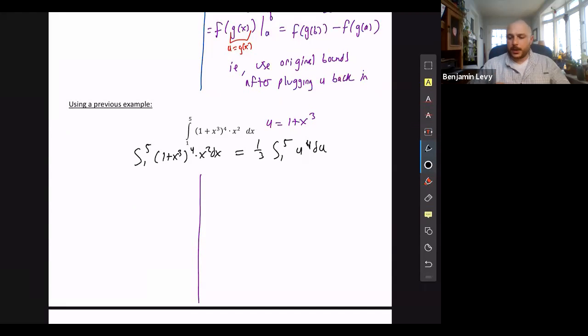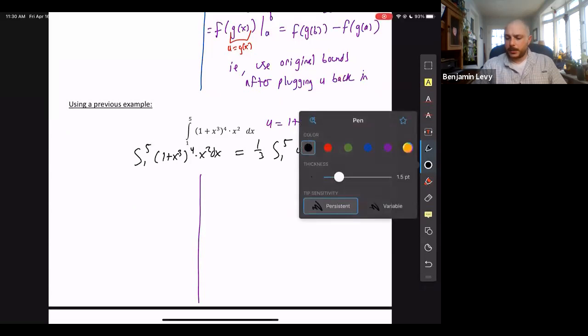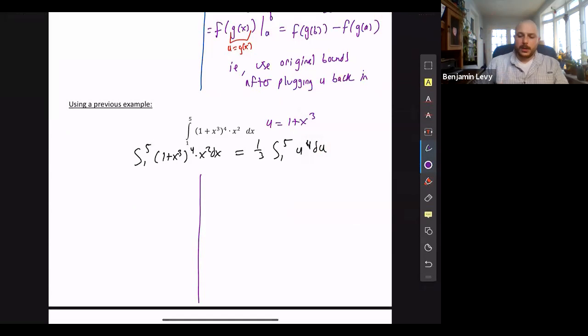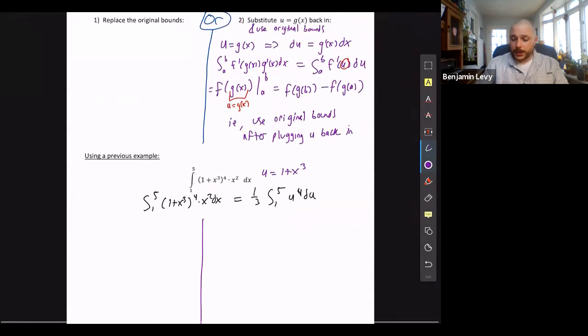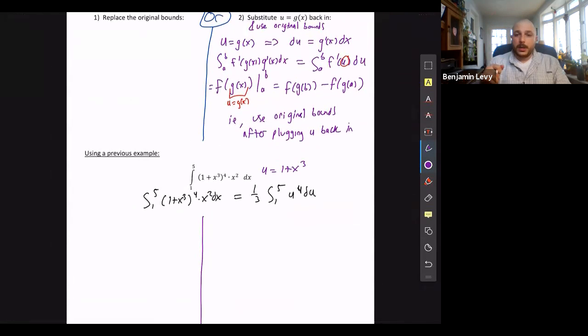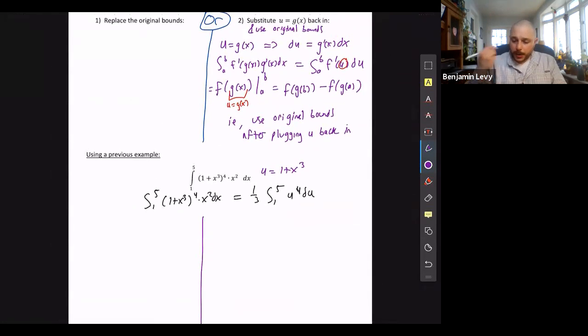And so again, if you want the details on that, just look up above at the last answer, or the first example we did. But if we now want to integrate this thing, what option 2 says on the top here is just do the integration, plug u back in, and then just plug the numbers in. And I personally like this method. Let's go ahead and do that.